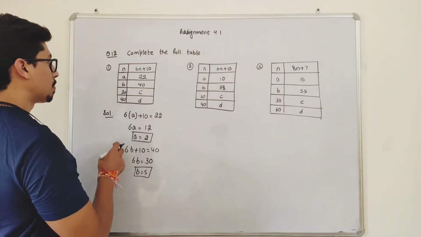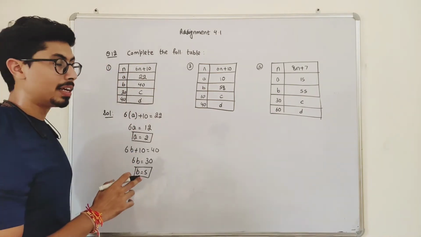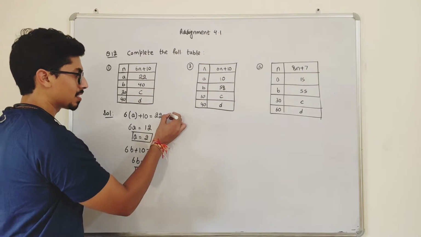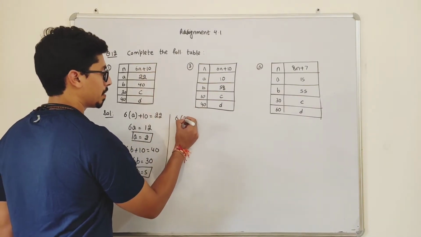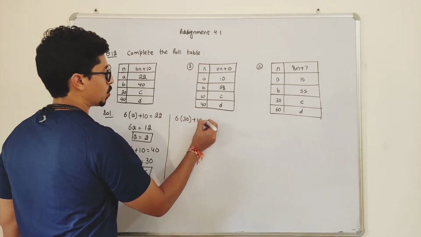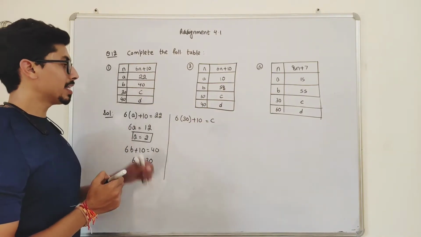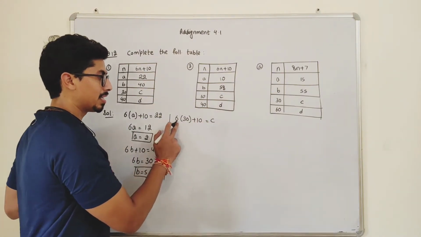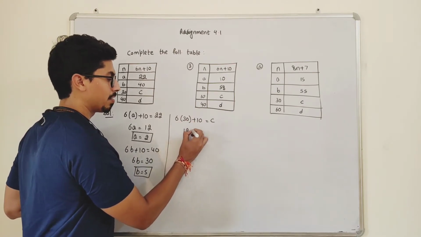Now similarly, if I take 30 in place of n, 6n is changed by 6 into 30 plus 10, and this will be c. Now 6 times 30 is 180, 180 plus 10 will be 190.